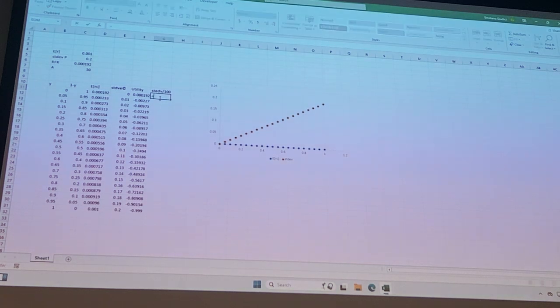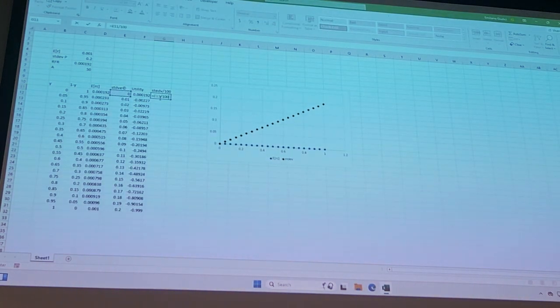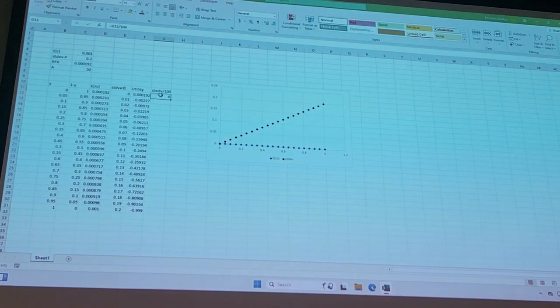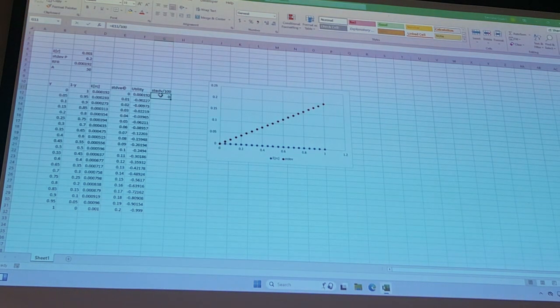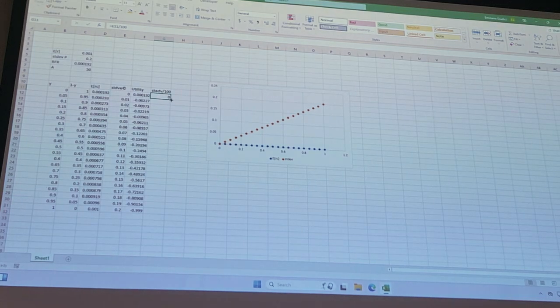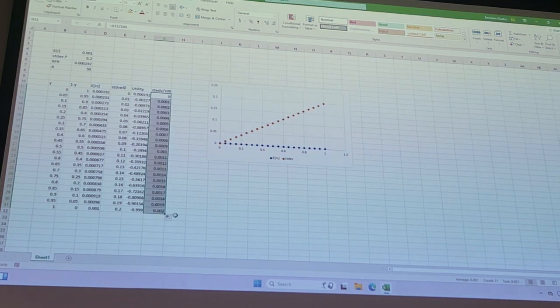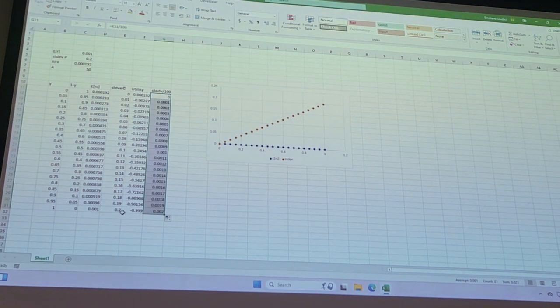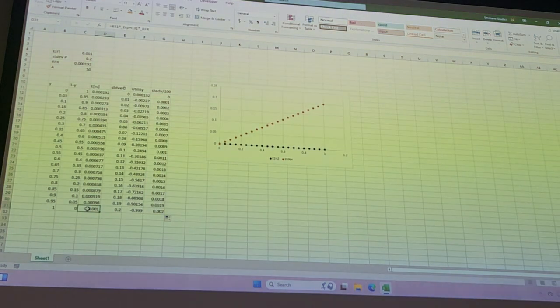So it's equal to that divided by 100. I don't know what kind of standard deviations you're going to have in your data set, so you'll have to play with the numbers so that this graph looks acceptable.